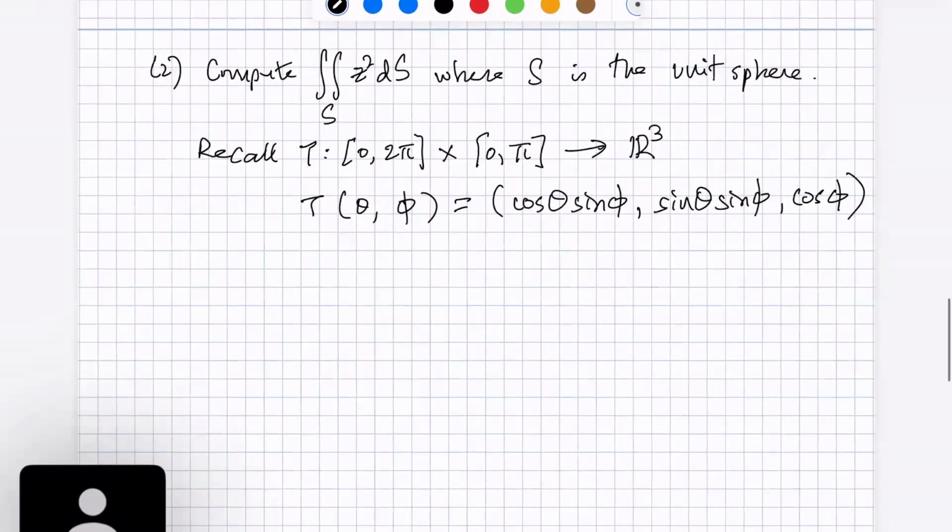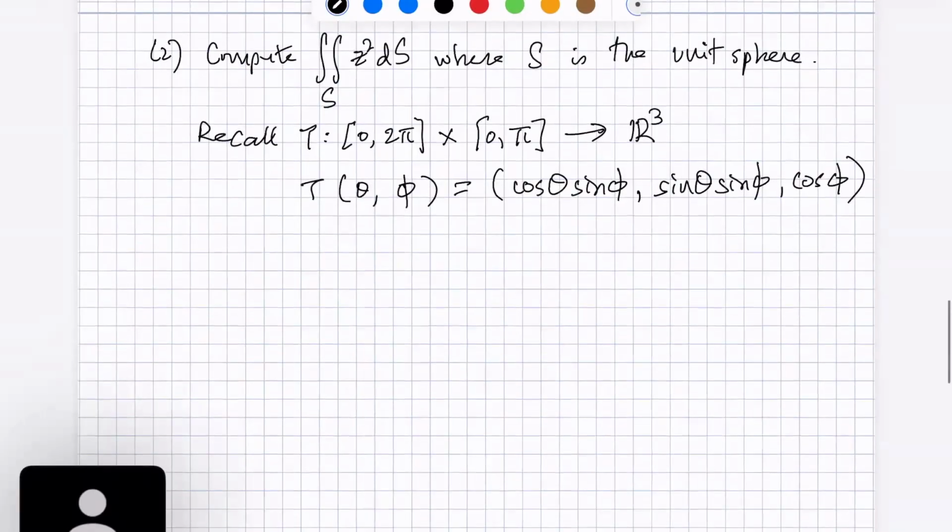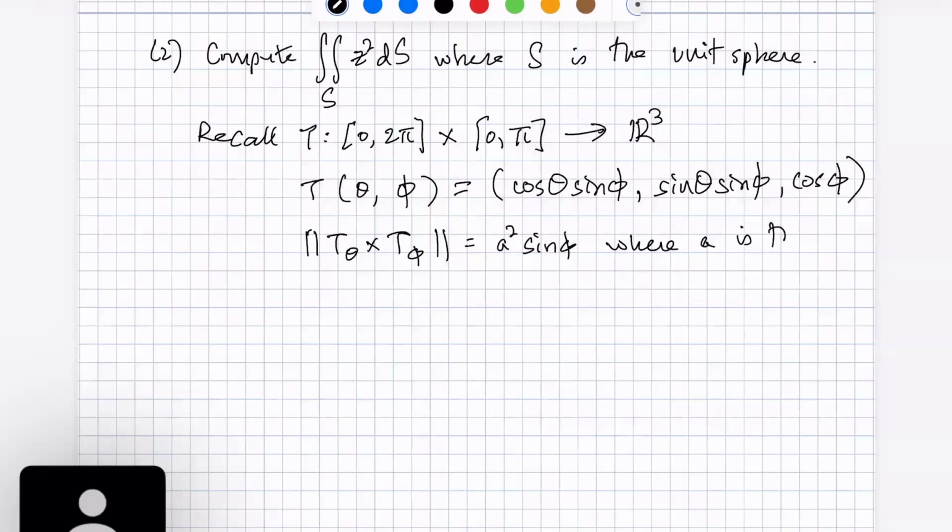The computation of T_theta and T_phi is doable. The cross product is really messy, and I think that most instructors would just be happy if you would remember that the norm of the cross product is given by a squared sine phi, where a is the radius. And in this case, it's a unit sphere, so the radius is just 1, so I just get sine phi.